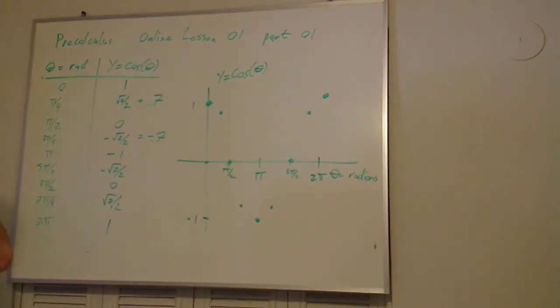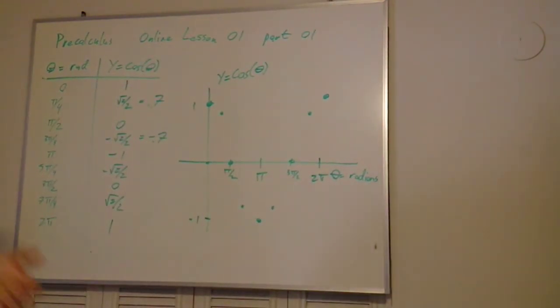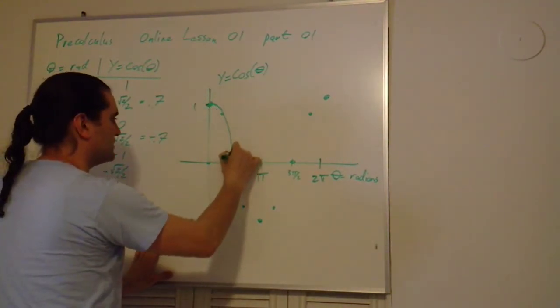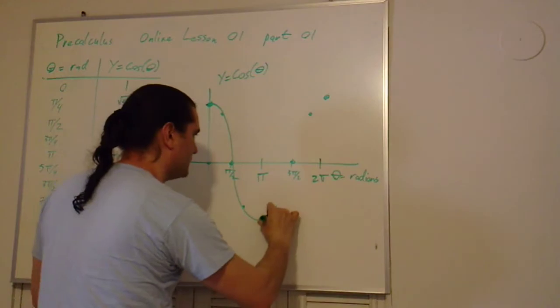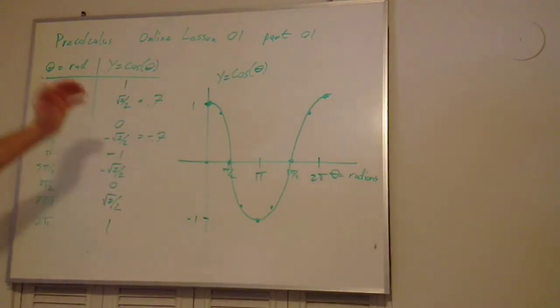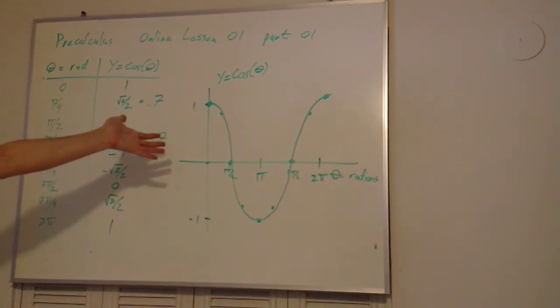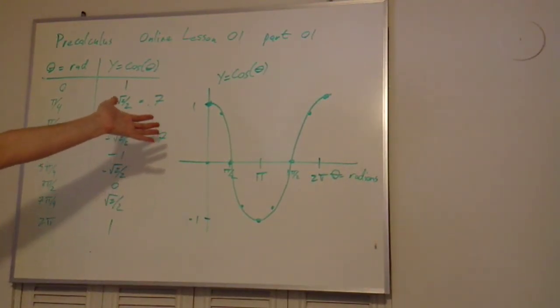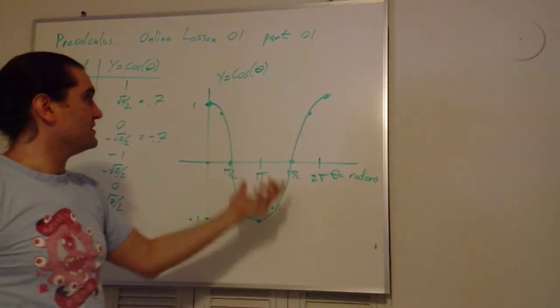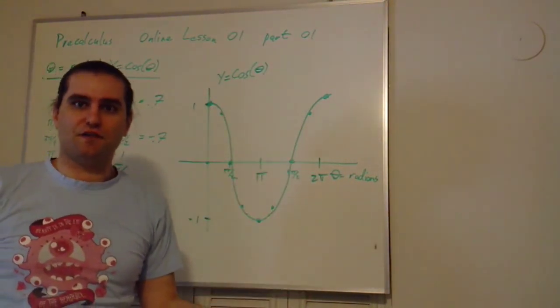So, once again, it's time for a rousing game of connect the dots. We're going to come down here and back up. This doesn't look like a wave, it just kind of looks like a parabola. But you have to remember that the cosine is exactly as periodic as the sine function.